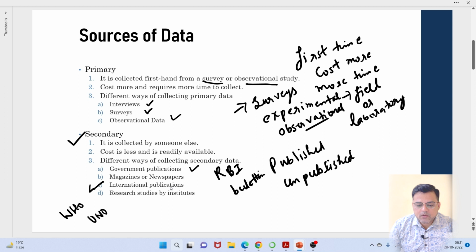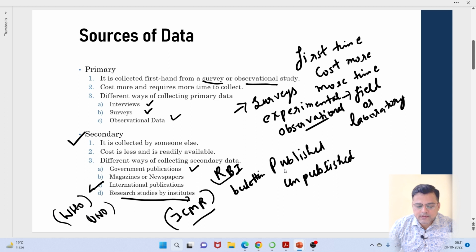They have their own publications, and then there are various research studies by institutes like ICMR, Indian Council of Medical Research. So secondary data, again, is collected and processed by someone else. These are some other agencies, but if we want to use it, we can go ahead and use it.